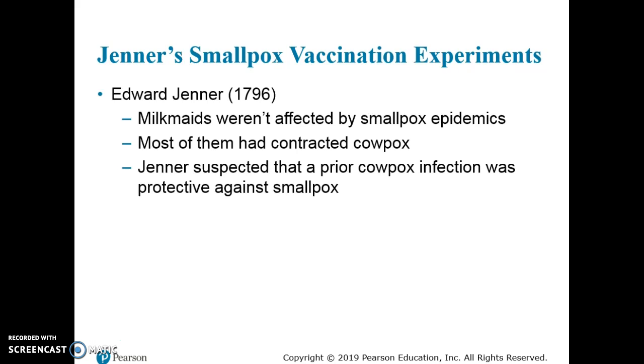And the milkmaids would get the cowpox because the cowpox, as you saw with the videos, would be on the skin of the cows, also the udders, and just that physical contact manipulation of the udders, the milkmaids would contract the virus infection.